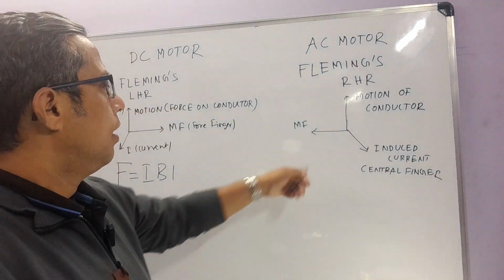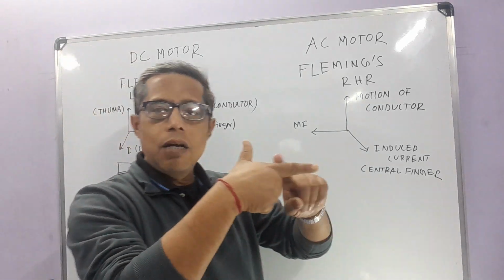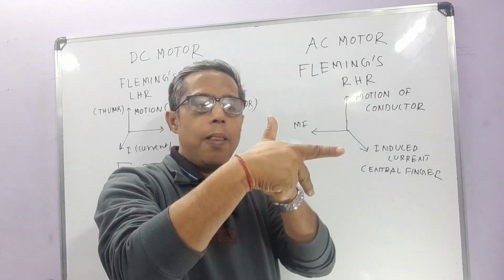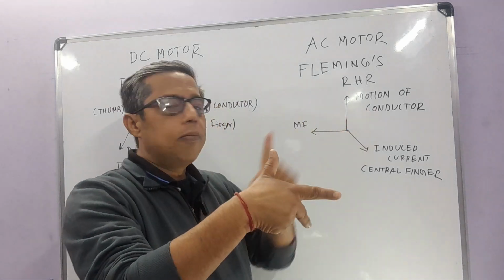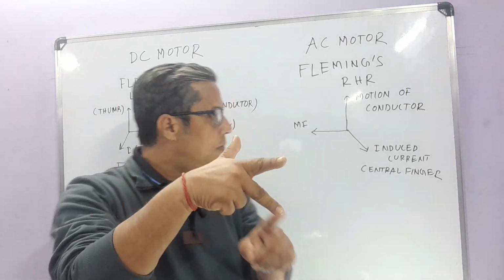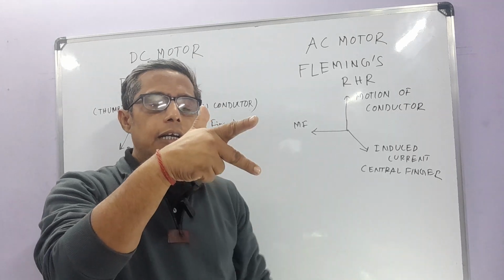If I take my right hand, this is the direction of the magnetic field, and this is the direction of motion of the conductor. So the central finger will be the direction of the induced current.